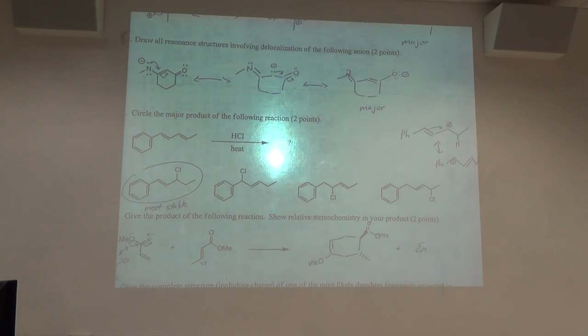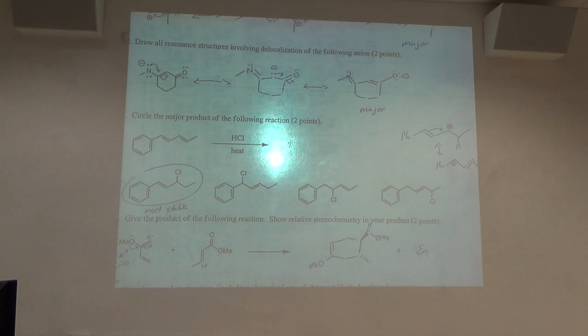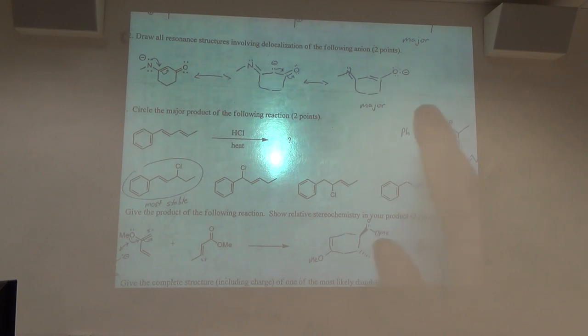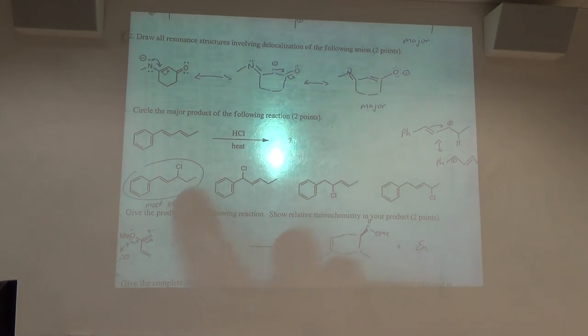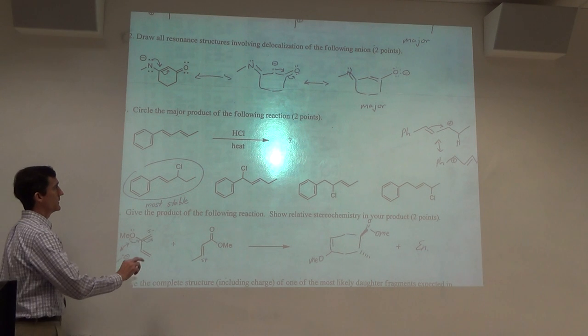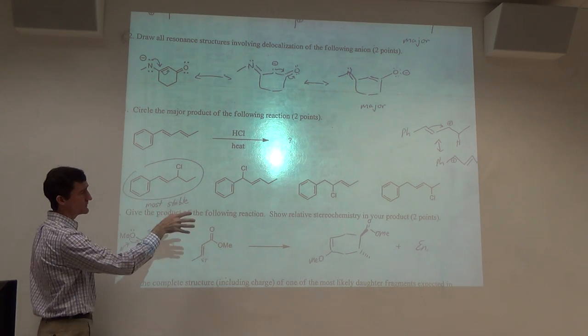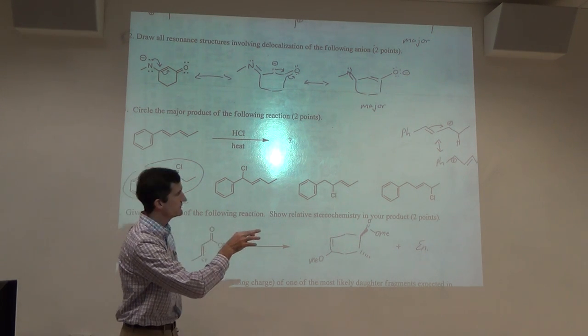How we do, Dan? What happened? I just moved the bond around. How we do? Asia? Can you explain that again, how this is the most stable? Because, compared to which one?